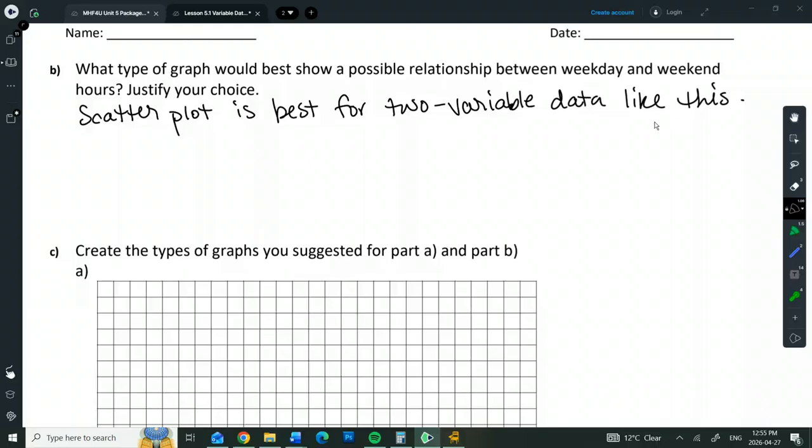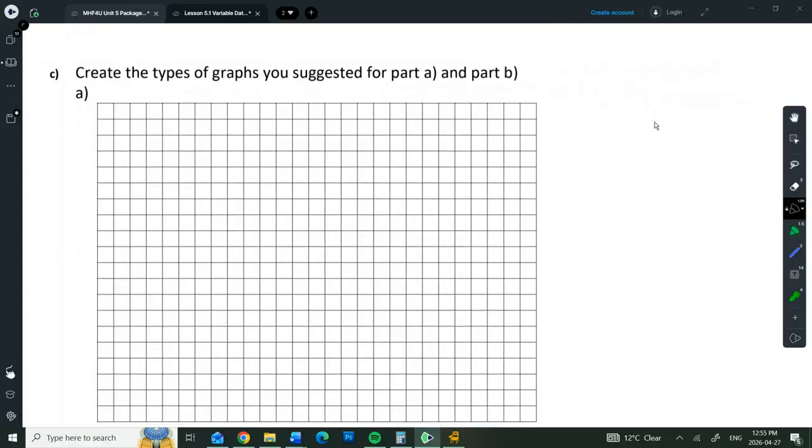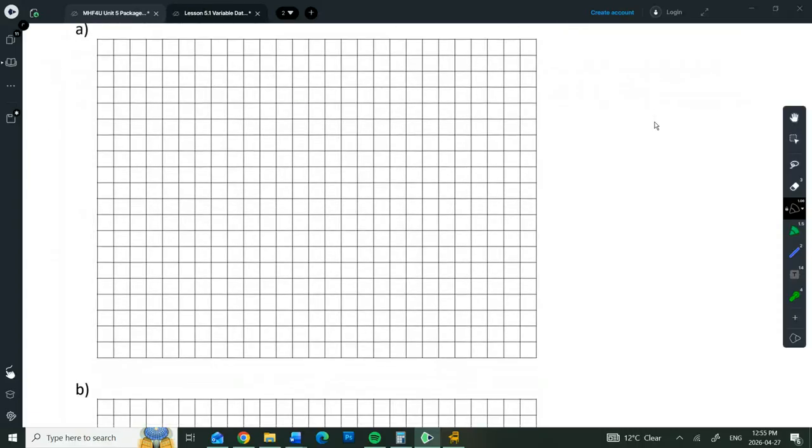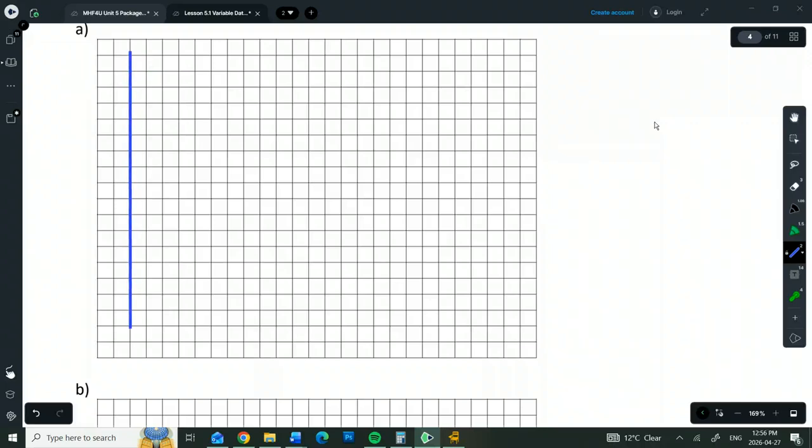Okay, and then we're going to actually make the graphs. So the first one that we'll do is the bar graph. So we're going to do student name on the bottom, and then we'll do number of hours worked on the weekend going up to the top here. So let's draw out some lines here. And we're always going to be doing labels here as well.